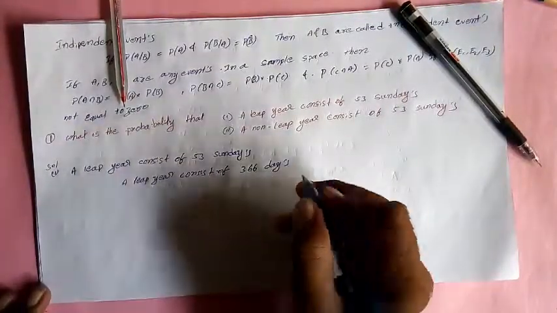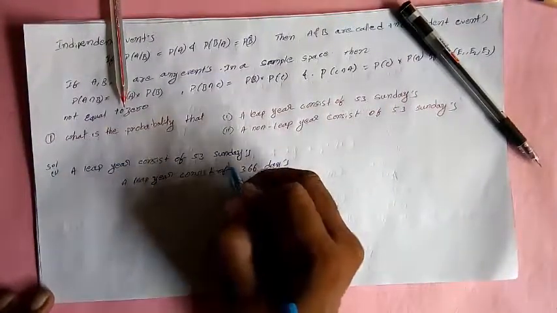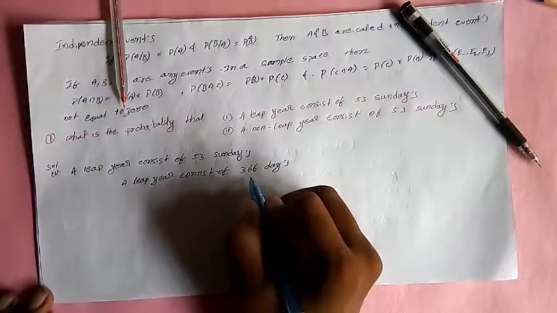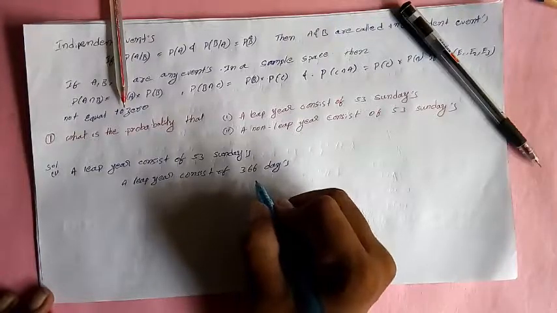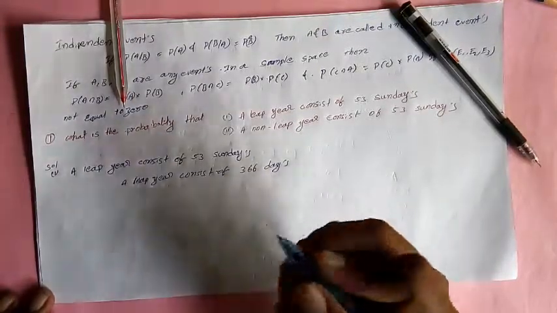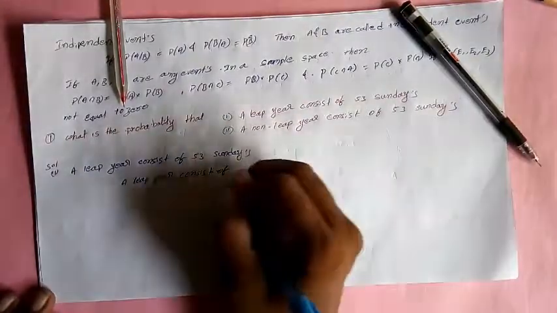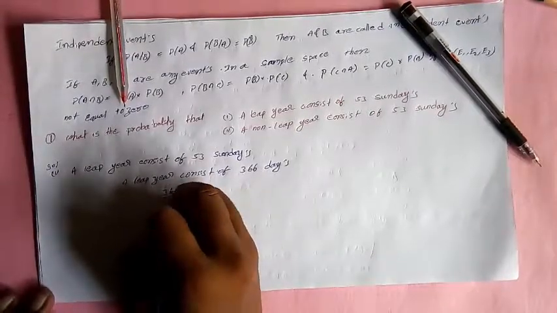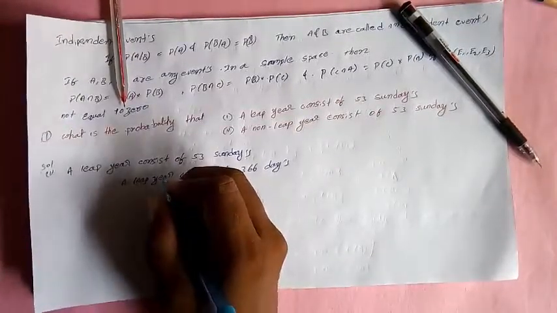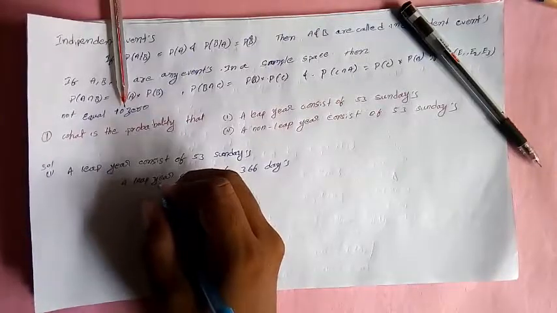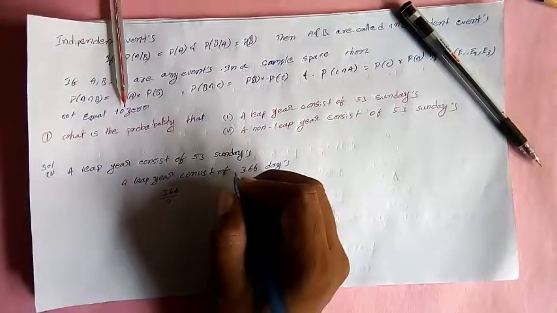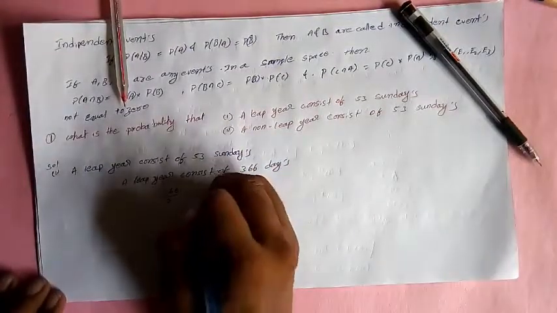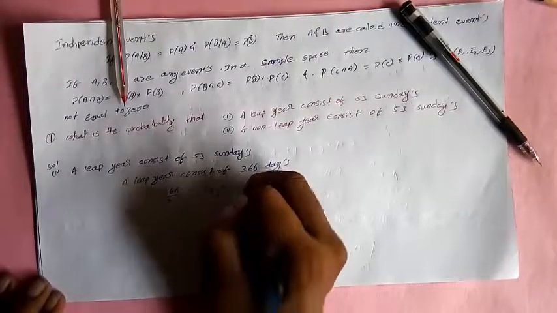Next, for Sunday, it occurs once weekly, so we can divide this value by 7, since there are 7 days in a week. So 366 divided by 7, we are getting 52.28.